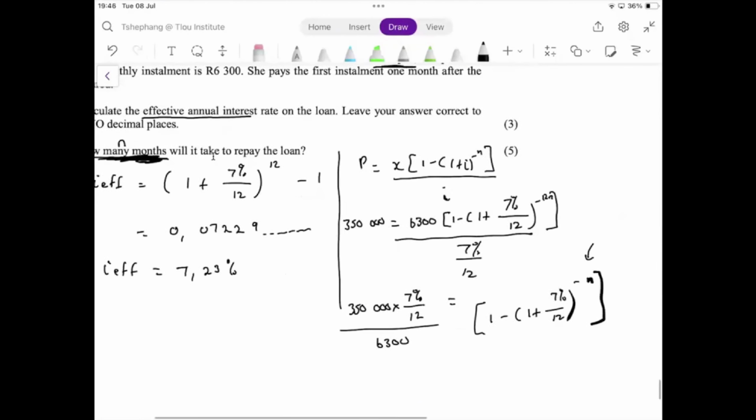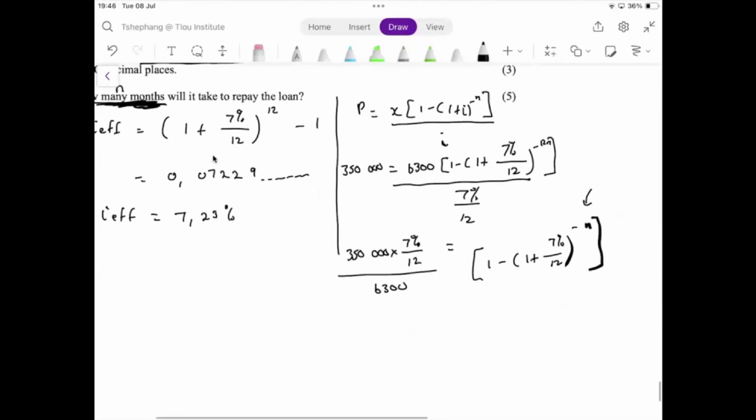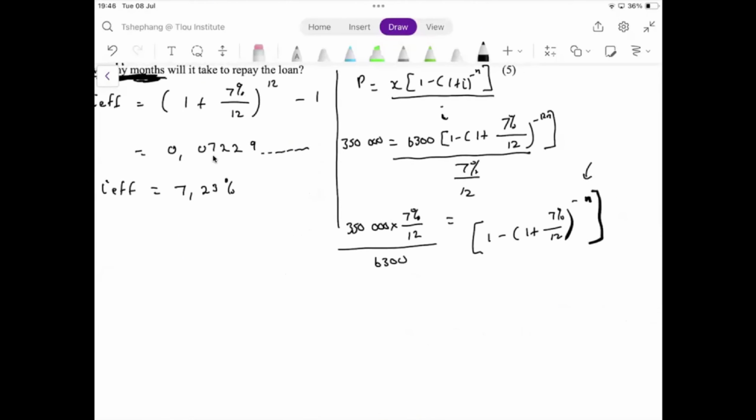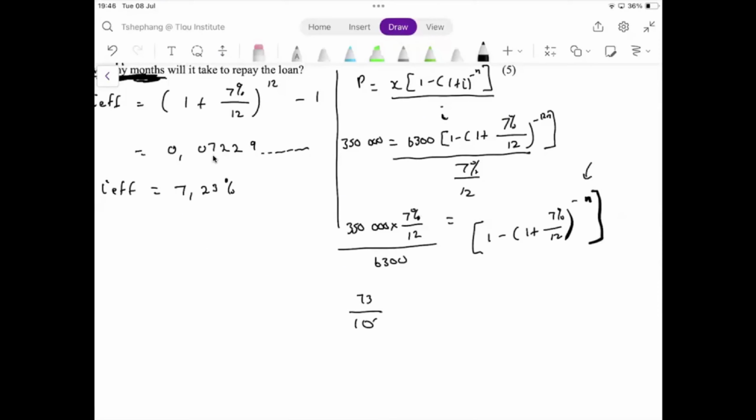Then from here, it's going to be some easy mathematics. So I'm going to say 73 over 108 is equal to the bracket 1 plus 7% over 12, to the power of negative n.